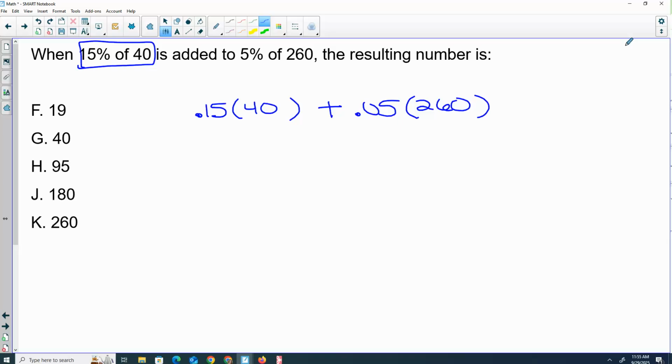So now we can just put this in our calculator. Does everyone agree with that?